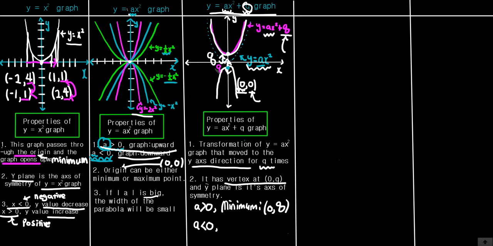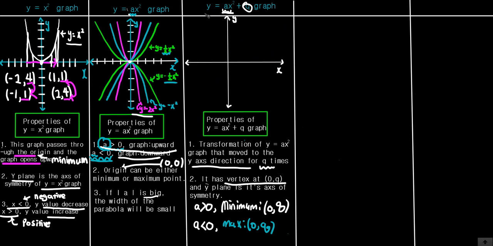At the maximum point, the x value will be 0, as we know that it is on the y-axis, and the maximum point will be q. The q defines the maximum or minimum point's y value. So when a is less than 0, the maximum point will be (0, q).